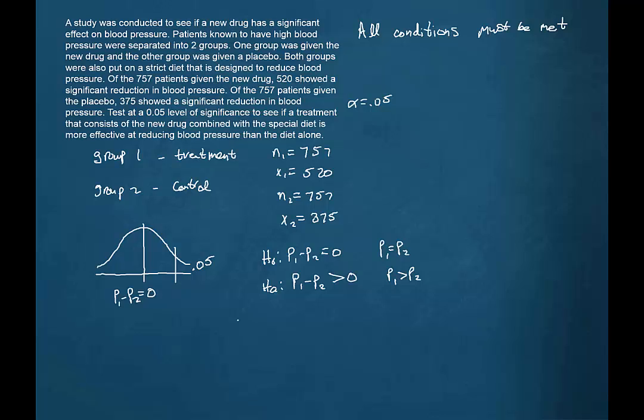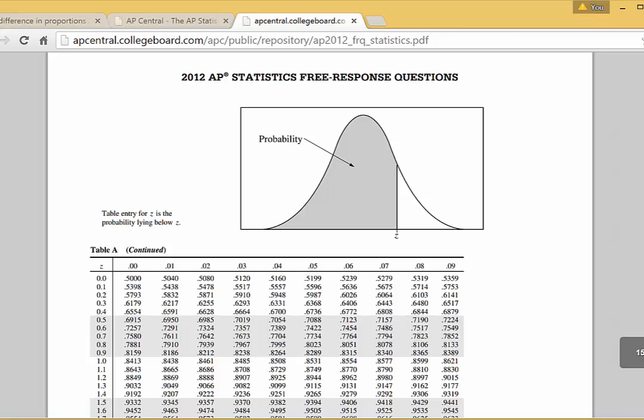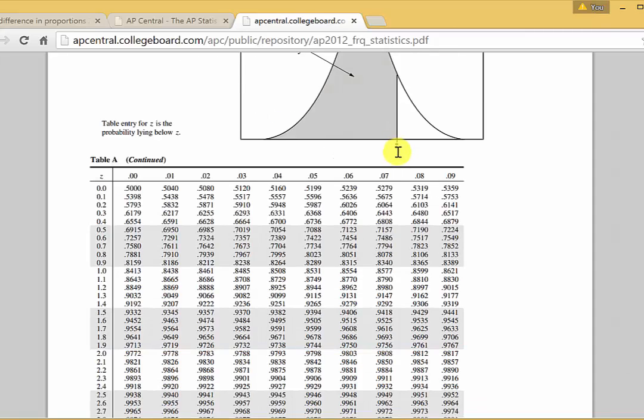So what we need now is a critical z-value. When you take the AP Statistics exam, as in this example from 2012, you will be given a series of tables that will aid you in finding these critical values. We're looking for a z-value where we would have 0.05 up in this tail, which means we have 0.95 in this shaded region.